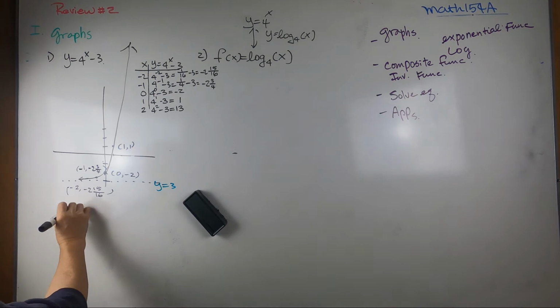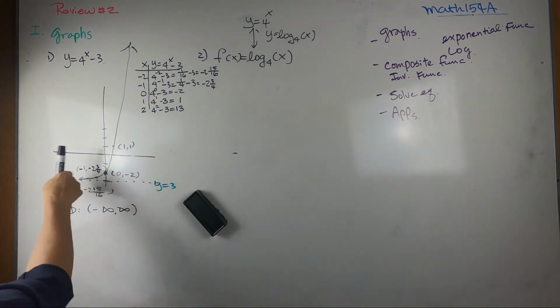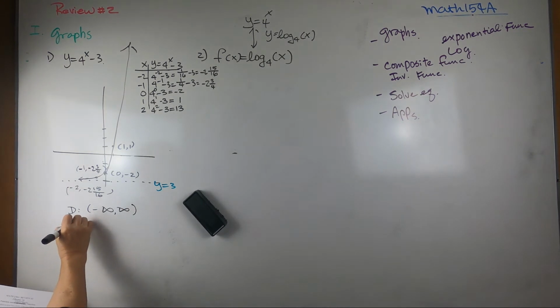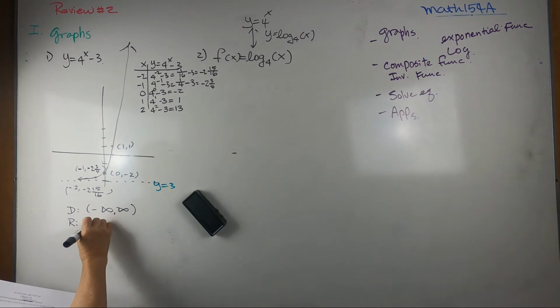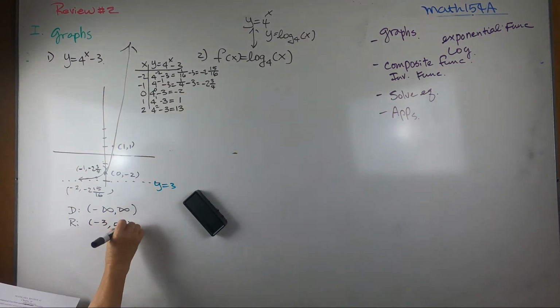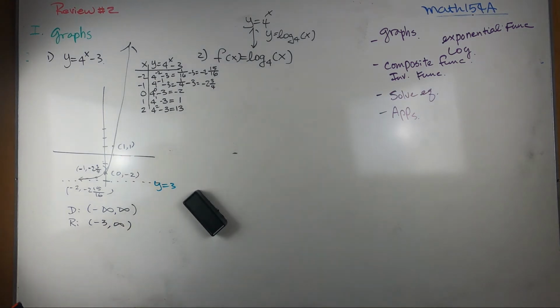So if we ask you what's the domain, left and right for x, what's your range, up and down, all the way up, but limited by negative 3, but never touching, oops, that should be negative 3, right? That should be negative 3. So what else?